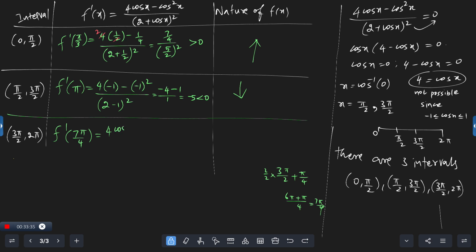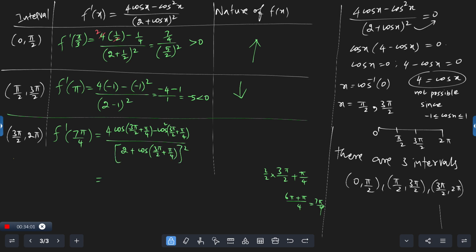Cos of 3 pi by 2 plus pi by 4, minus, what is that, cos of 3 pi by 2 plus pi by 4 whole square. And in the denominator what do we have? 2 plus cos of 3 pi by 2 plus pi by 4, that is a whole square.